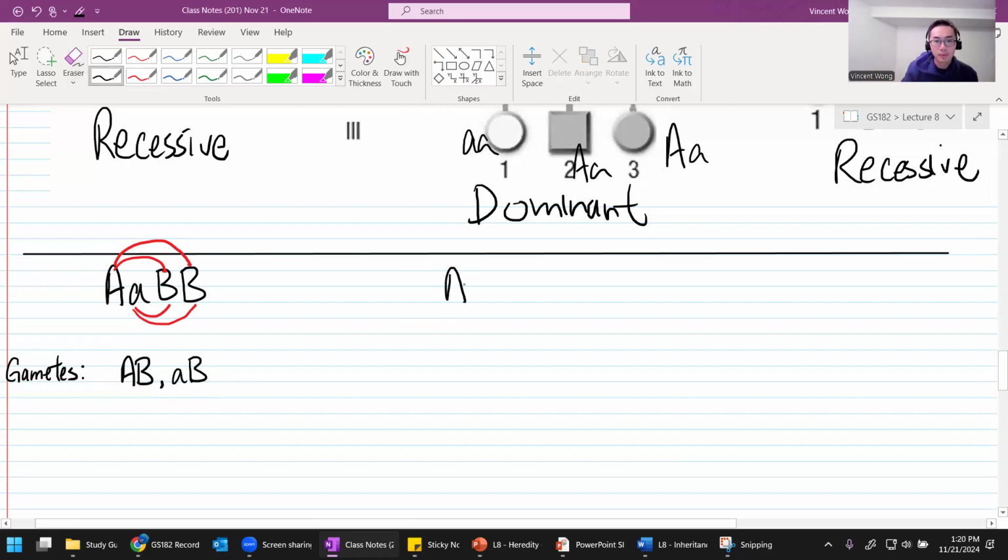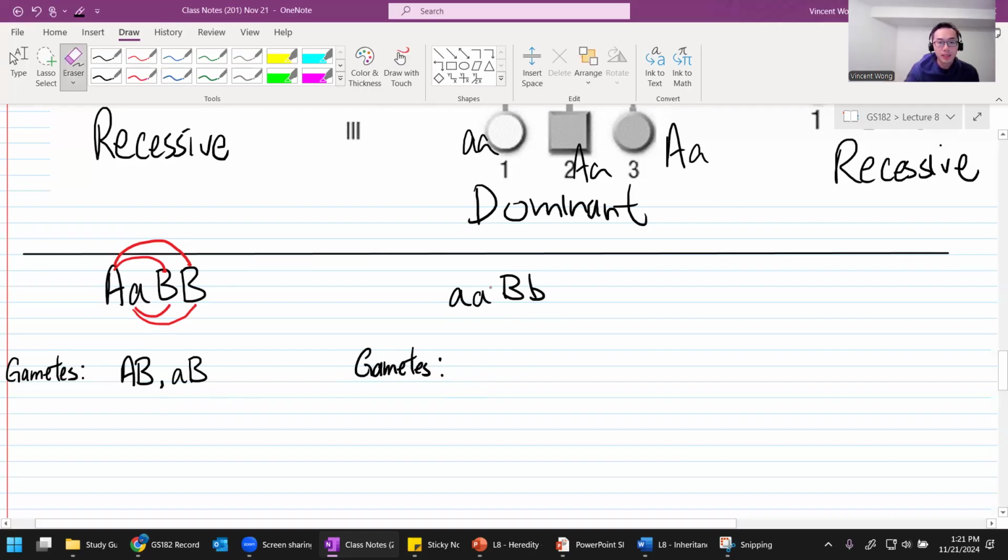Okay, let's try another one. Let's say we have small a, small a, big B, small b, like this. What are the gametes? That's right.